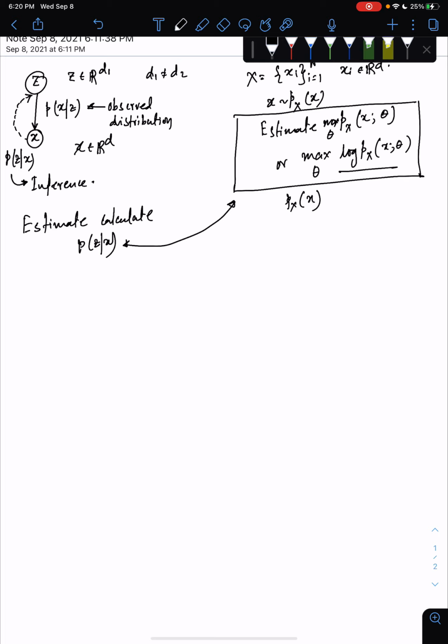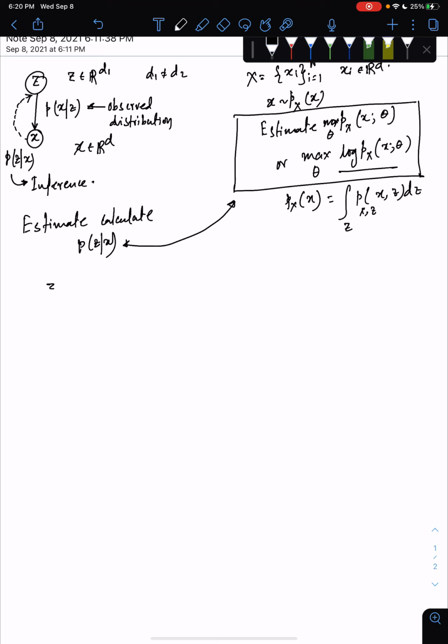Now, this quantity p of x can be written something like this. I'm sorry, it is the integral of p(x,z) dz, and this is also p(x,z) dz over z. So I just marginalized with respect to z, it's a simple probability product rule.